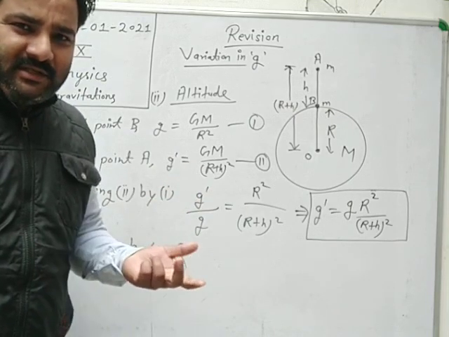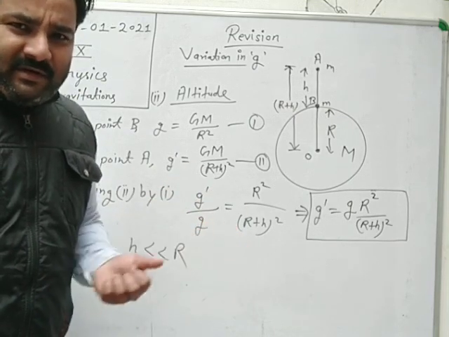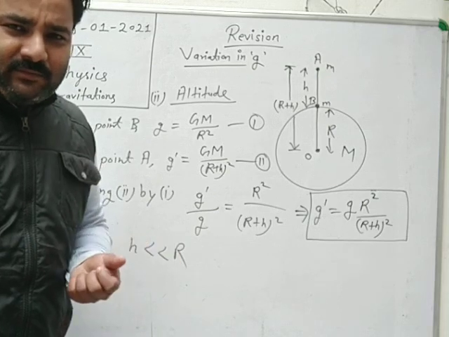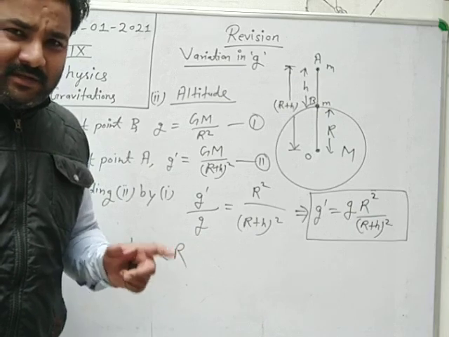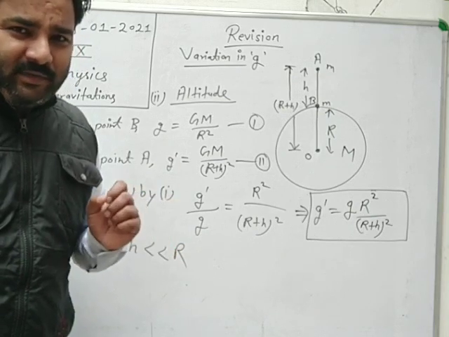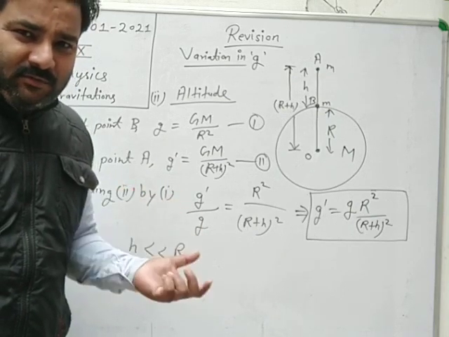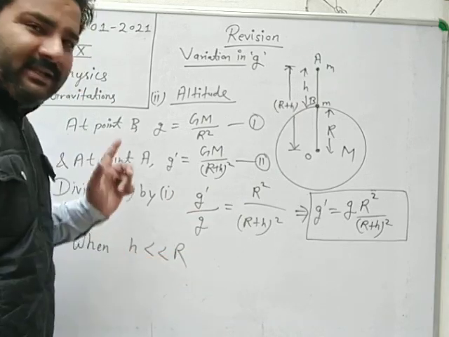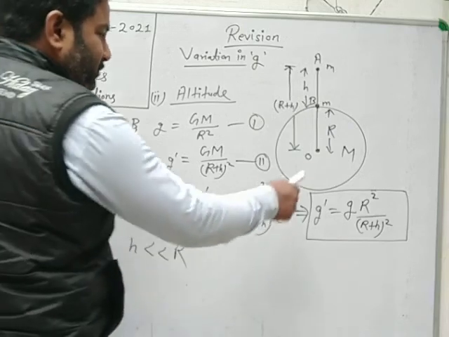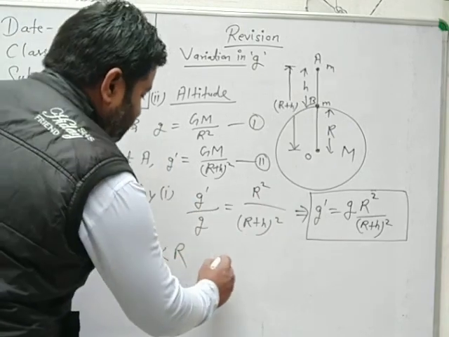It means 100 meter or 500 meter or nearly 1 kilometer, no matter, up to 10 or 15 kilometer, because the radius of Earth is 6400 kilometer, and when you take 1 kilometer or 2 kilometer or 10 meter or 100 meter, then the value will be negligible. So we will use a different formula.